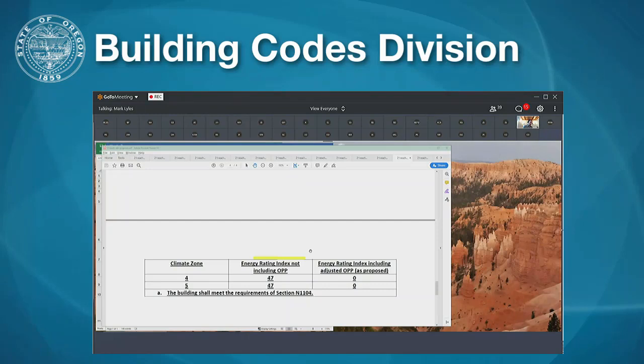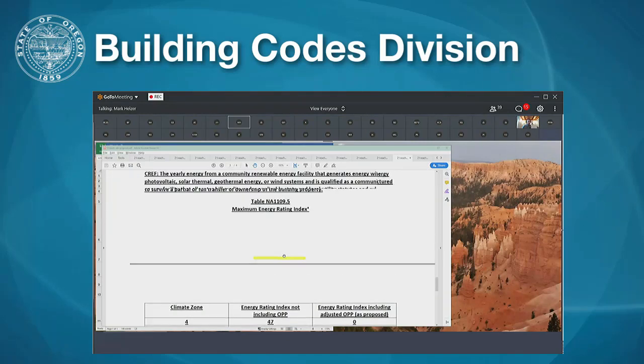So if we're saying this is an ERI of 47, that's 53% better than a 2006 home. So I'm estimating almost a 20% improvement over the 2021 ORSC is what a 47 would be. Do you follow that kind of math there? Yes, I follow that. It's about 24% over the 2018 code.